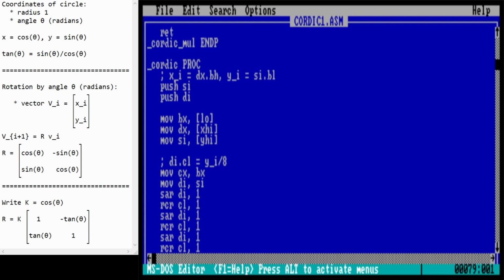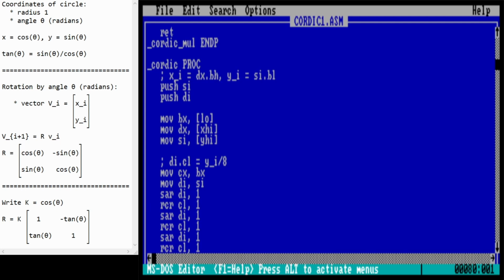So we use SAR for an arithmetic shift, and we first shift the top 16 bits right by 1 bit. Now, one of those bits is going to be shifted out, and that will end up in the carry flag, and we want to shift that in at the top of the byte that we have to shift.